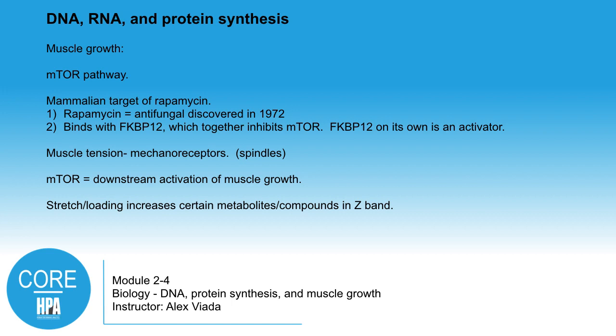One of the biggest activators of mTOR appears to be what are called mechanoreceptors, and these are receptors in muscle cells that basically detect excessive stretch or stress. And as you can see, stretch loading increases certain metabolites in the Z-band. Remember the diagrams of muscle structure, how actin and myosin overlay each other, and there are the M-bands and the Z-bands where the actin and myosin attach? Well, if a muscle is under stress, these contractile proteins are getting pulled apart a little bit.